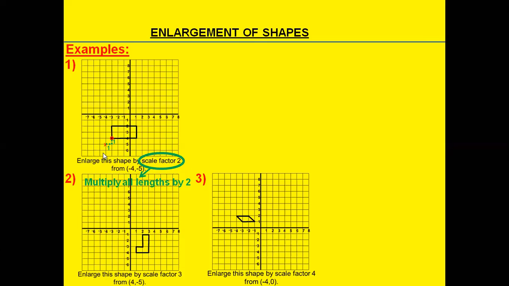So we're going to multiply by 2. So instead of moving 1, we multiply it by 2, it becomes 2. Here look, 1, 2, then 1, 2. This is the new point. From that point, you can continue all the other points of the shape.